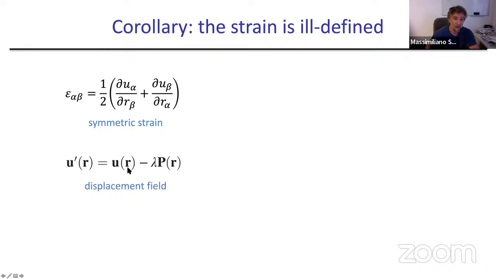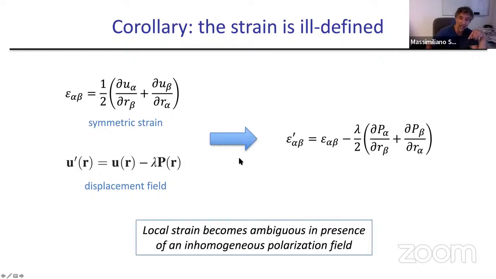And let's do the same transformation as I indicated in the previous slide, which is subtracting lambda times the polarization. What we get is that the local strain becomes ambiguous only in the presence of an inhomogeneous polarization field. So this sort of machinery is closely bound to how flexoelectricity works, because it is related to situations where your polar degree of freedom is non-uniform.